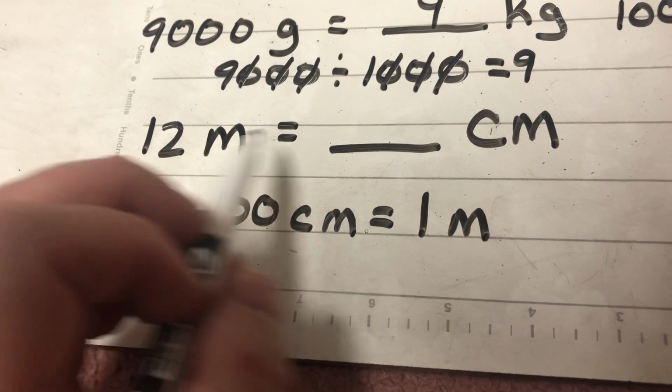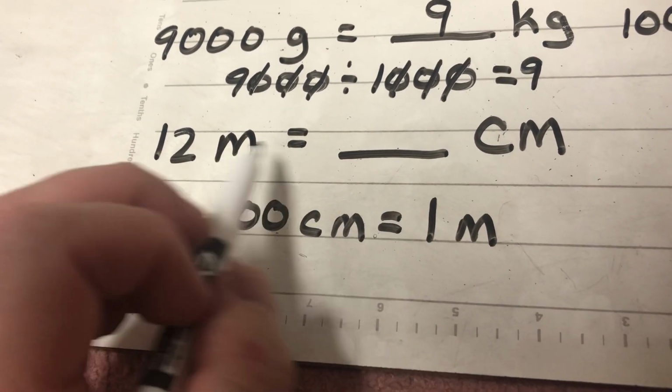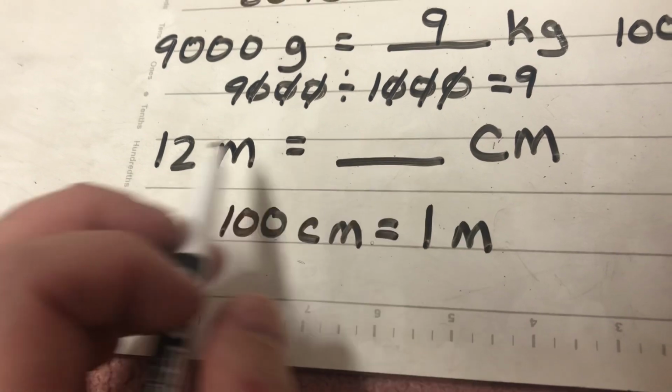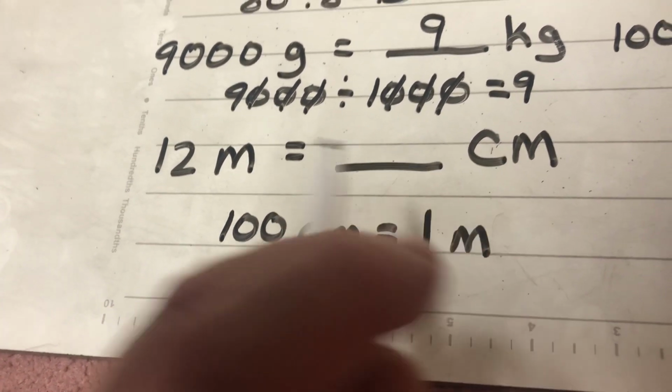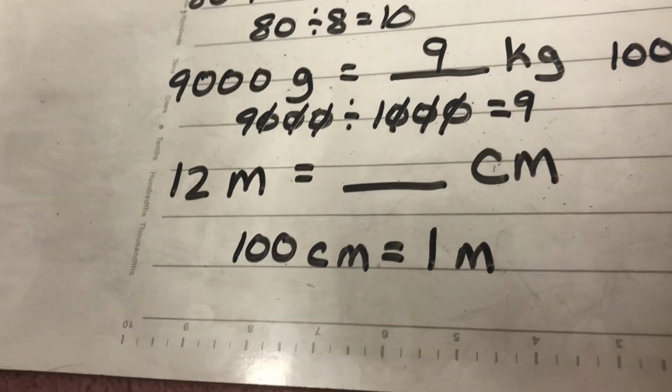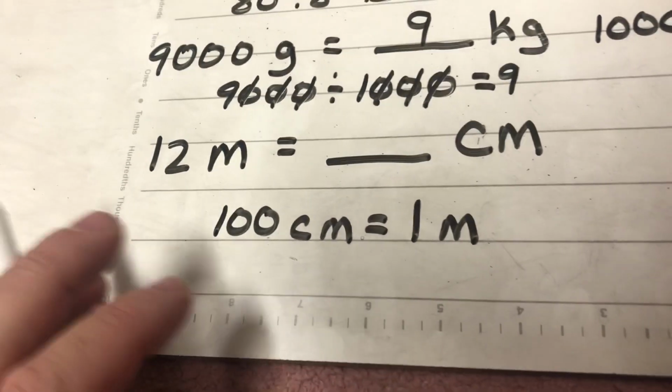So if I'm going from meters to centimeters, since 1 meter is bigger than 1 centimeter, I would say my measurement is getting smaller, so my number is getting bigger, so I have to multiply.